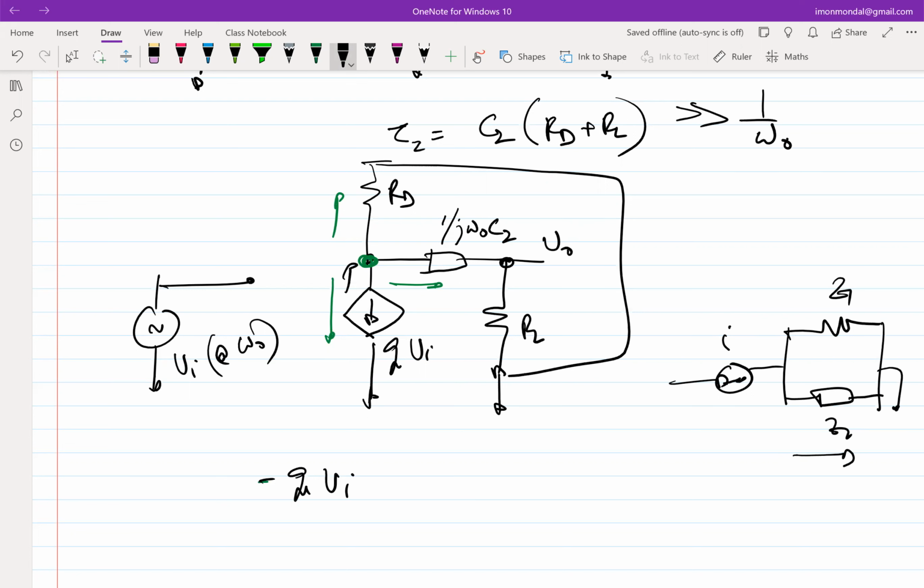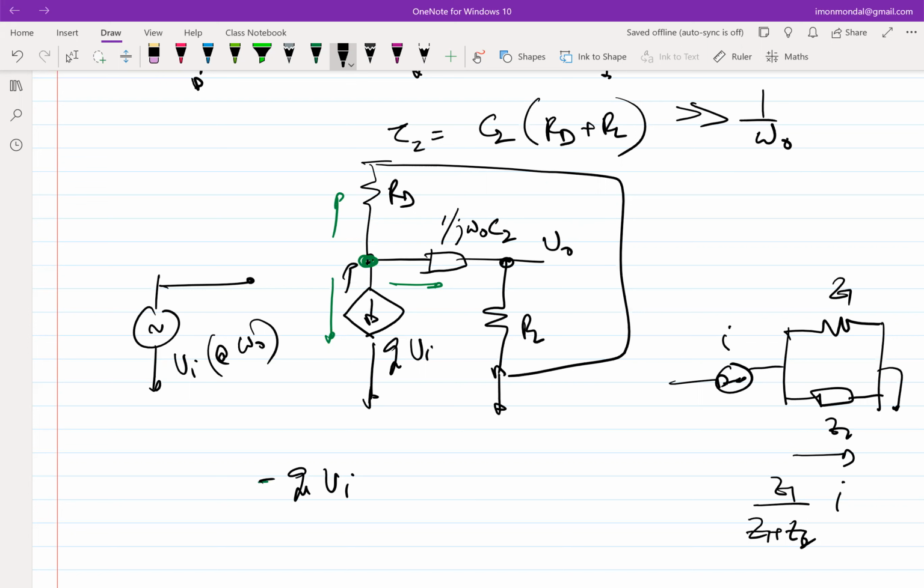How much will go to Z2? It will be Z1 by Z1 plus Z2 times I. Correct? A quick sanity check: if Z1 is 0, all the current will go through Z1, so the current through Z2 will be 0, right?